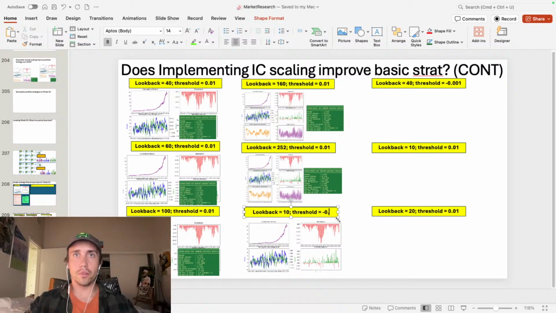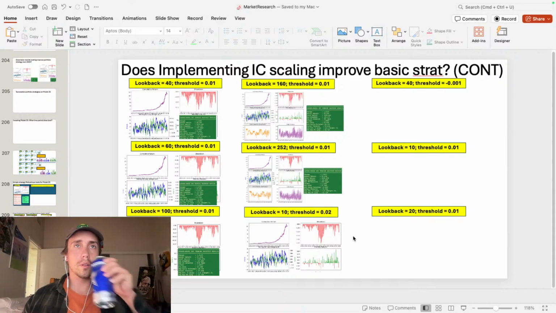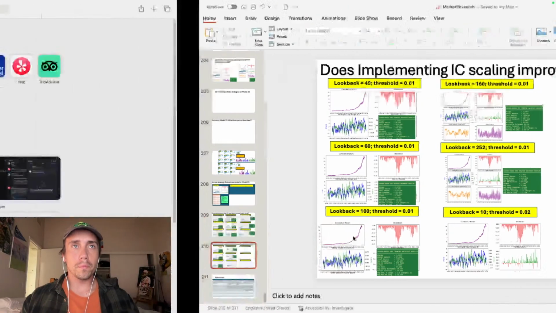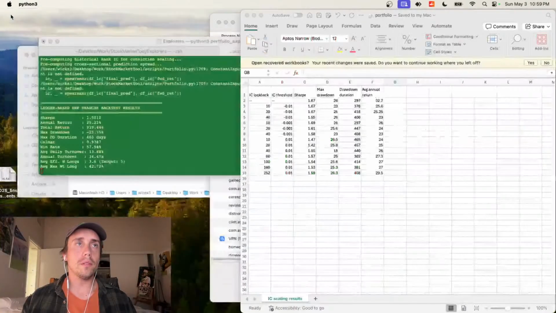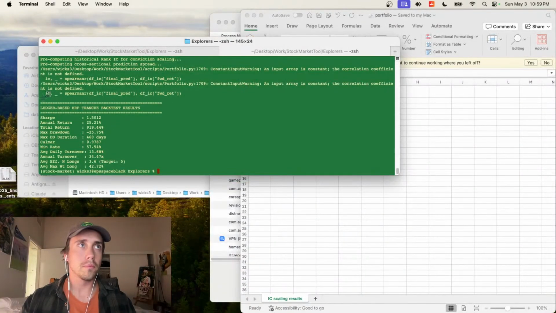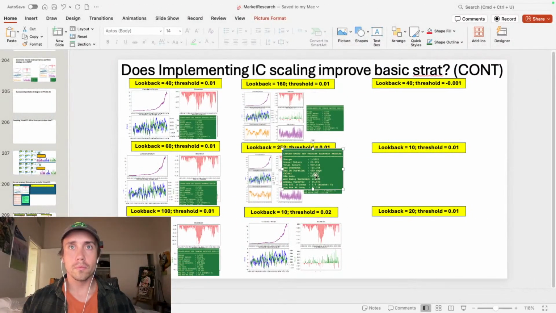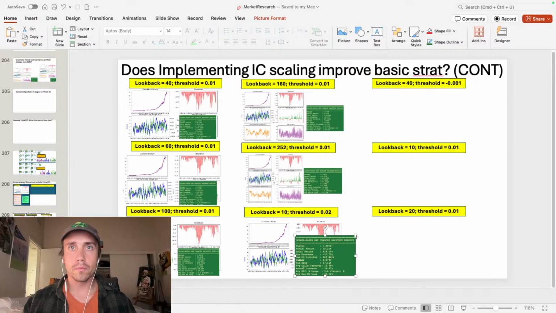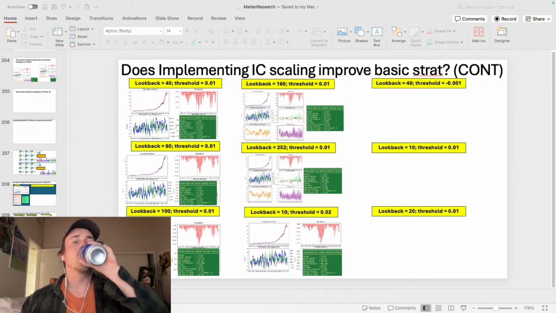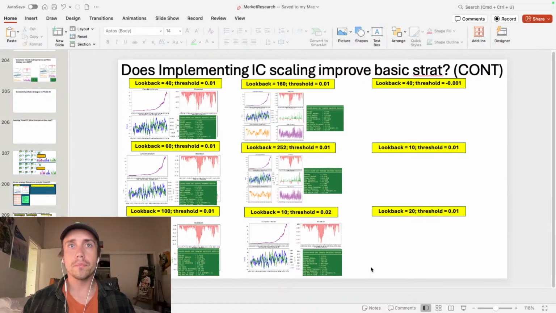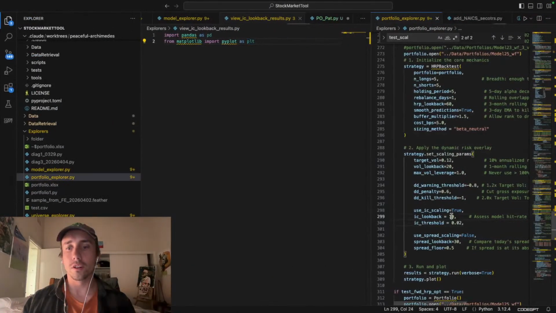Threshold is now positive 0.02. So let's try a look back of 20.